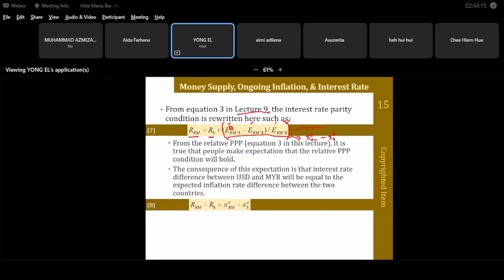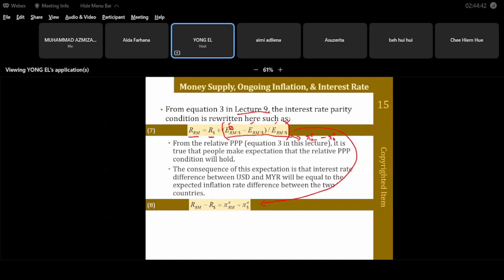From here, we can transform this equation, meaning that the rate in Malaysia minus the rate in US is equal to the difference in inflation rate between the two countries. This also means we can form expectations of the inflation rate by using data on actual interest rate.